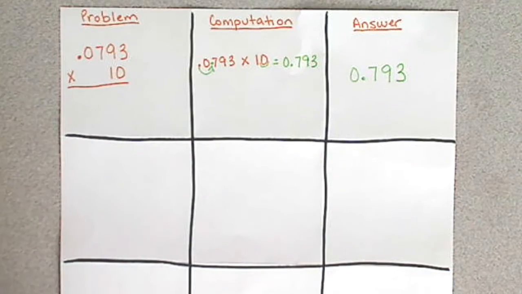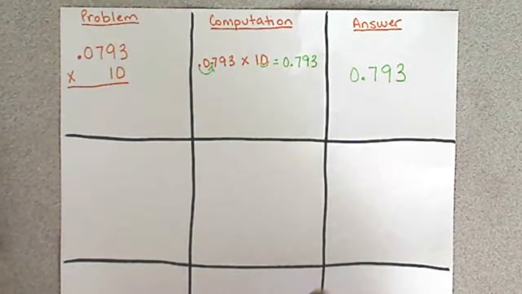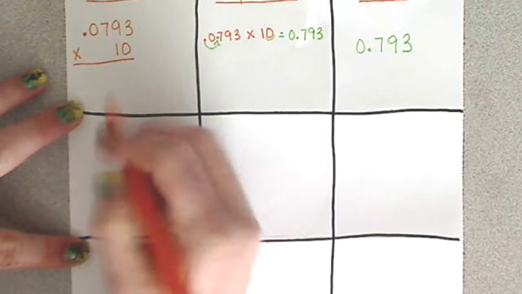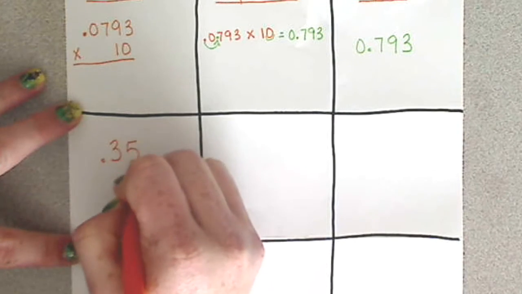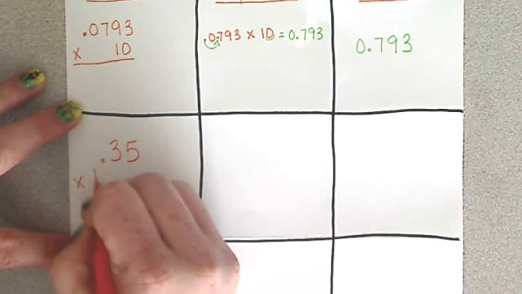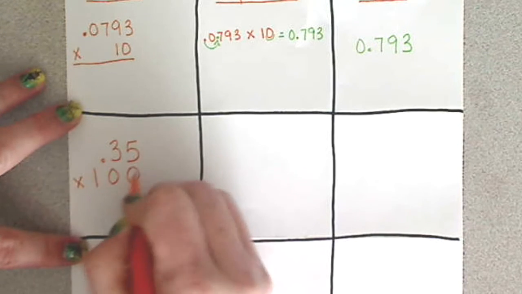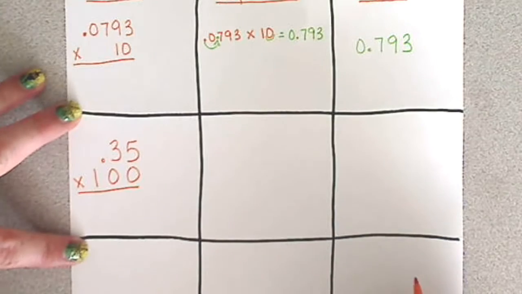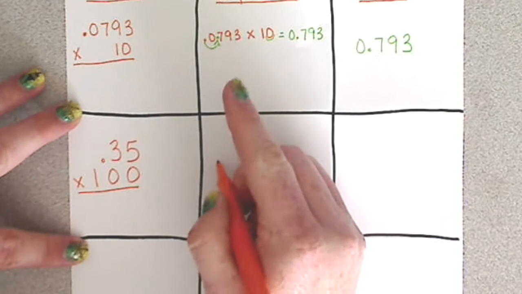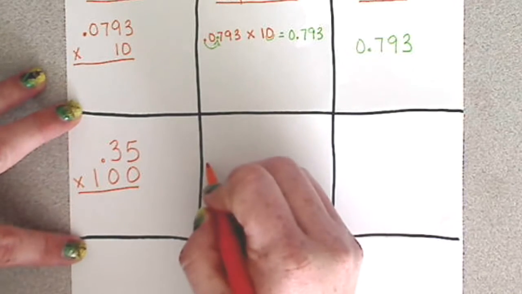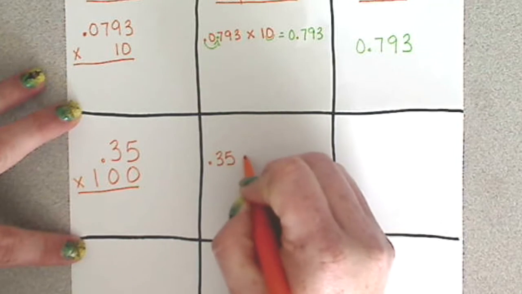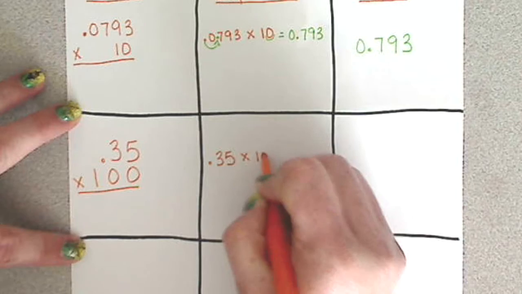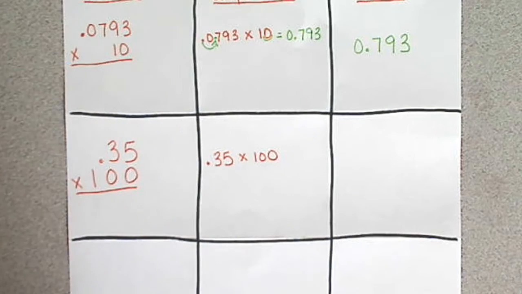So let's take a look at our next example. We need to multiply 35 hundredths times 100. So just like I did the first time, I'm going to write this horizontally. 35 hundredths times 100.